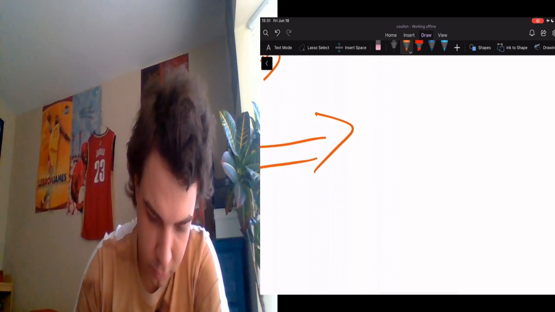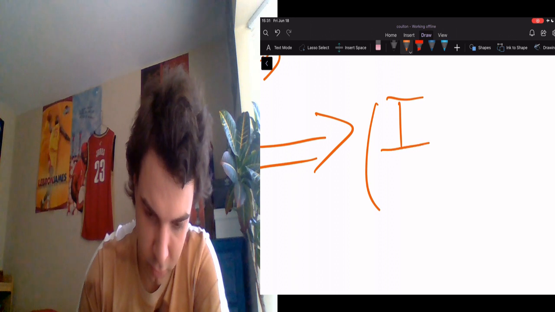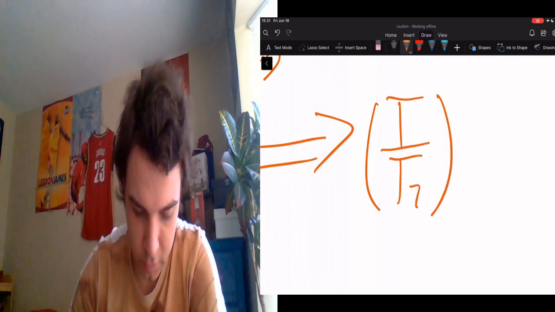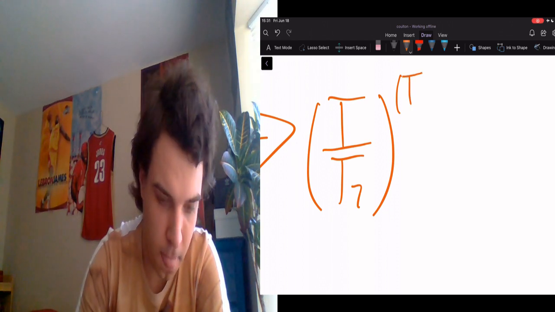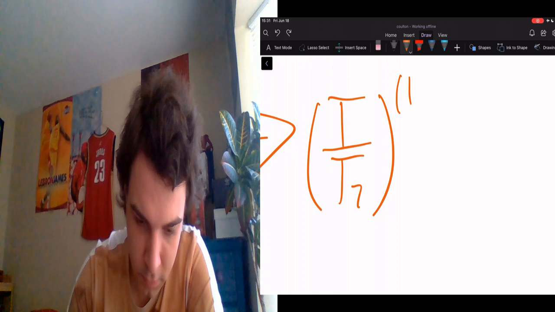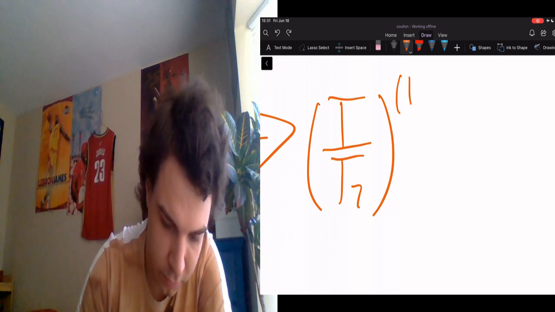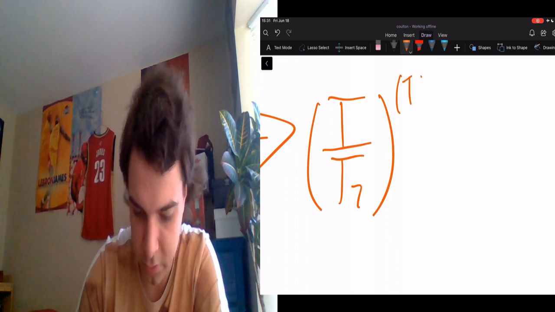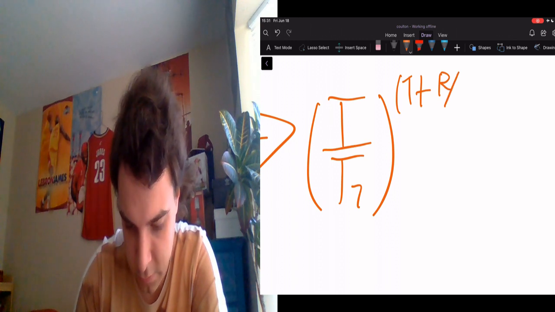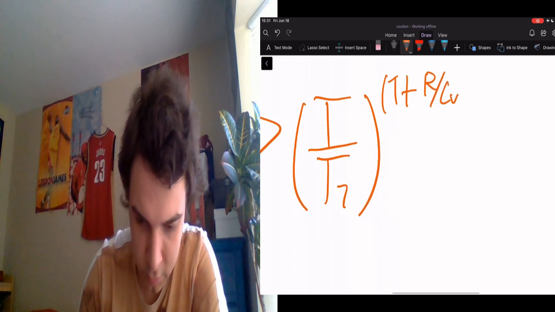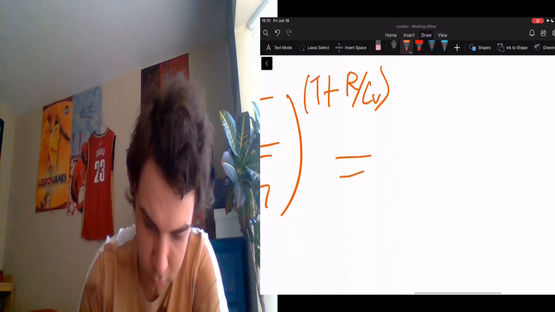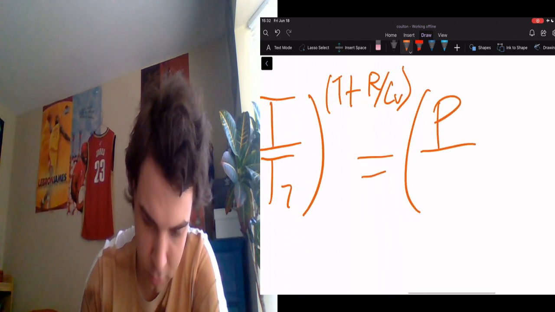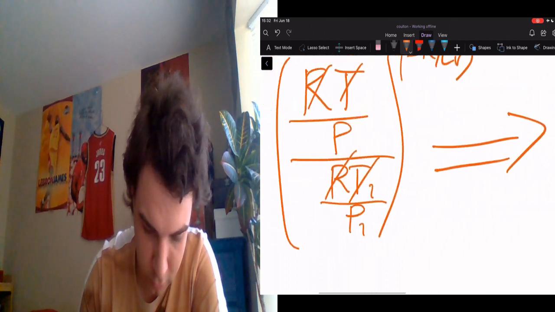Gives us T over T1, temperature 1, to the 1 plus R over CV equal to P over P1, I think.